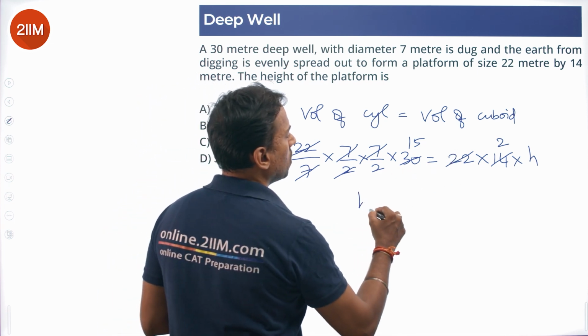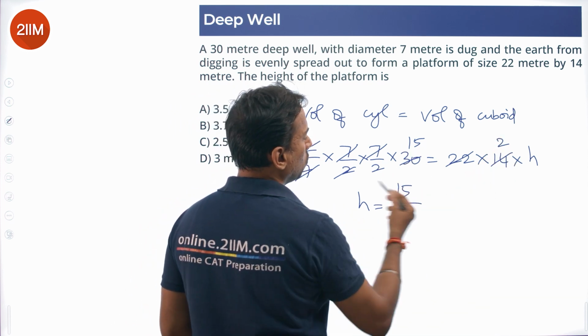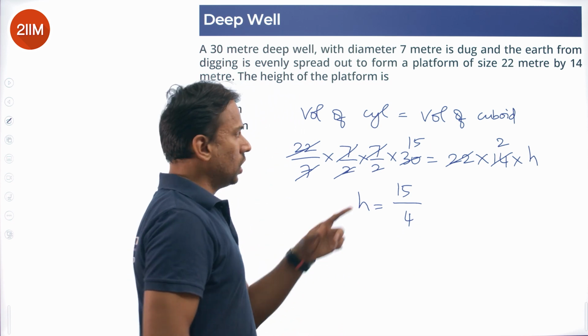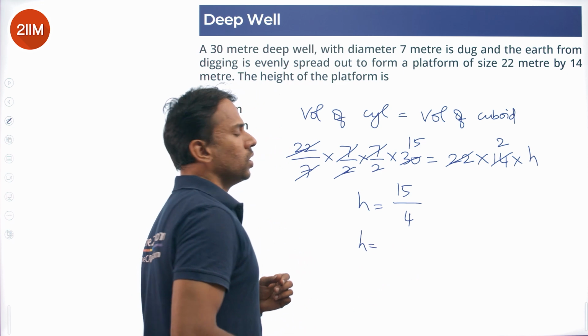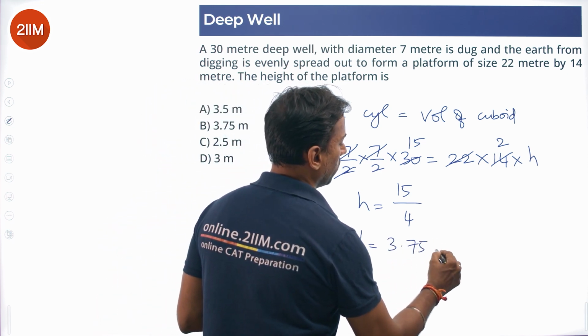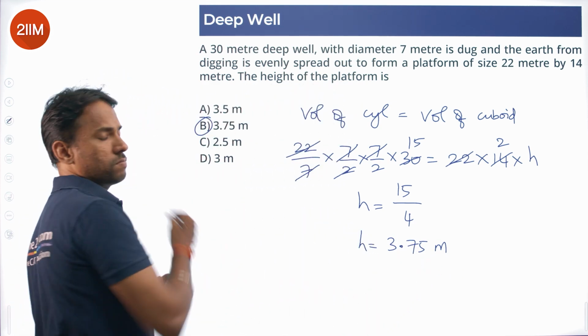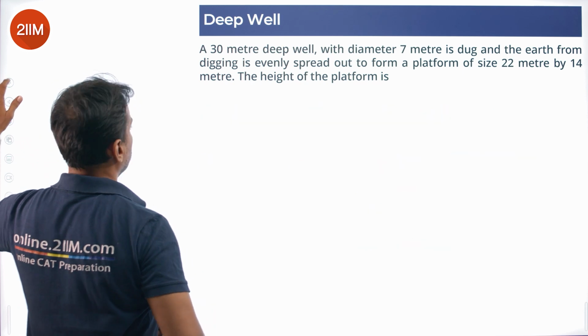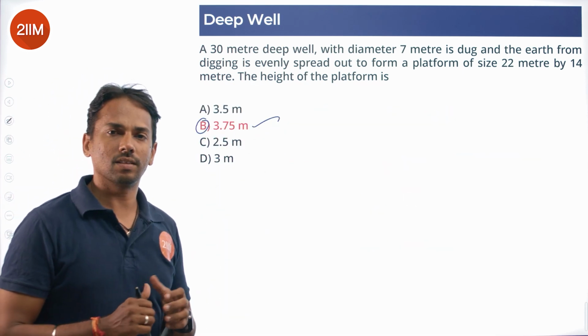So we'll have h is equal to 15 by 2, and this 2 also comes, 15 by 2, 2s are 4. So h should be equal to 15 by 4. 15 by 4 is going to be 3.75 meter. So 3.75 meter is option B. Good. Option B, 3.75 meter is the right answer.